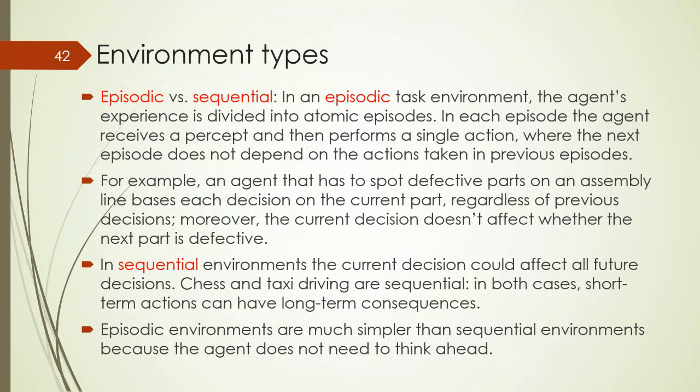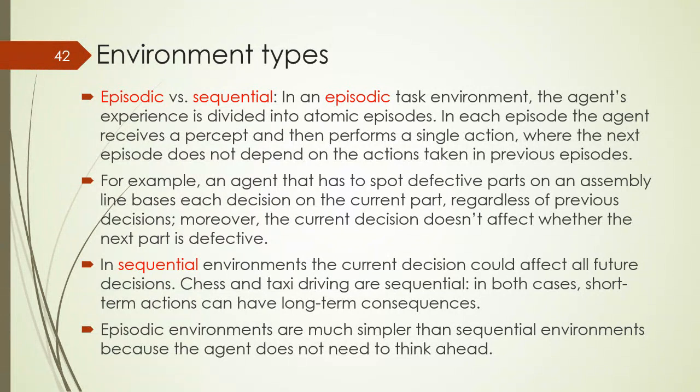So every time you decide based on what's happening right now. For example, an agent that has to spot defective parts on an assembly line bases each decision on the current part, regardless of previous decisions. Moreover, the current decision doesn't affect whether the next part is defective or not. So this is a good example.